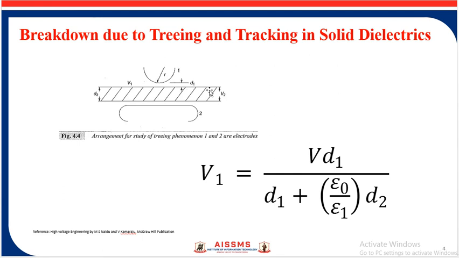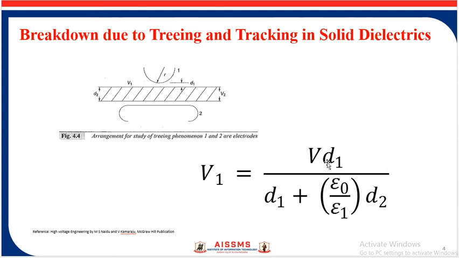There is a possibility of two different dielectric media, that is air of thickness D1 and the dielectric of thickness D2. The voltage across the two media is different, V1 across the air and V2 across the dielectric. So the voltage V1 across the air gap is given by this formula.